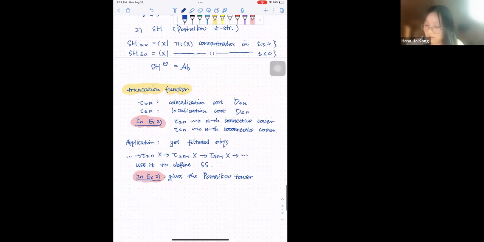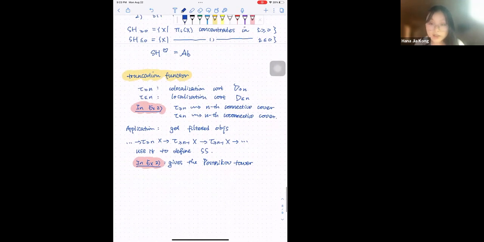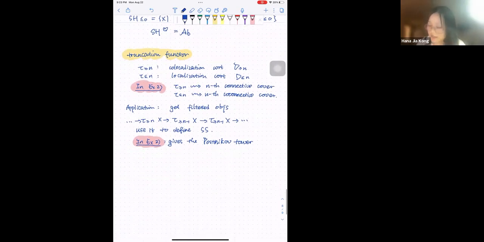let me talk about the t-structure in the infinity-categorical setting.